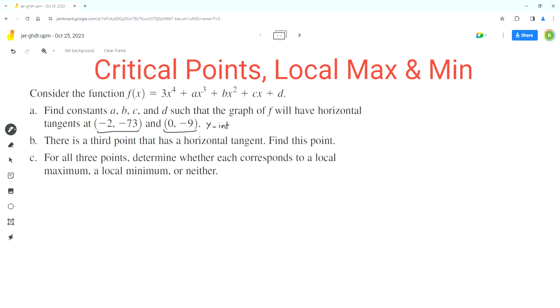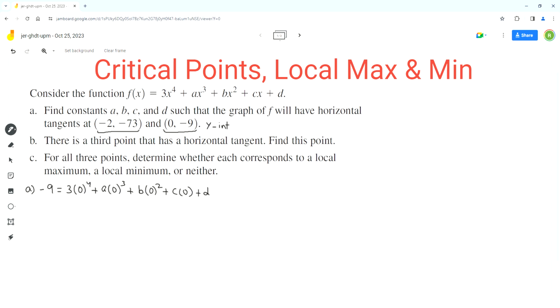So for part A, we'll sub in the function value as -9 and x as 0. So we get 3 times 0^4 plus a times 0^3 plus b times 0^2 plus c times 0 plus d.